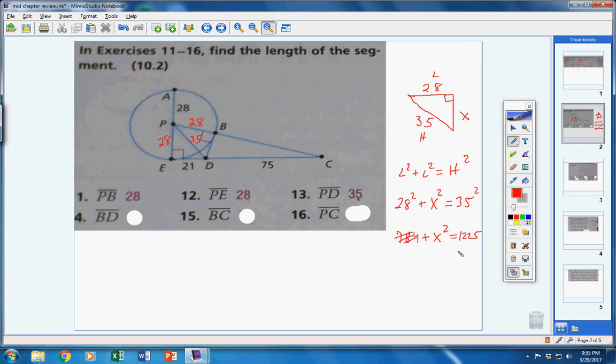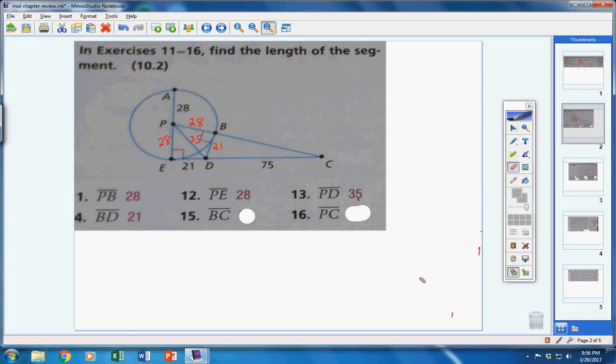Let's bring this over and make it a negative 784. And if you take 1,225 minus 784, you will get 441. So x squared equals 441. And the square root of 441 is 21. So x equals 21. So the length of BD right here is 21. And let's check and make sure that's right. Yes, 21.